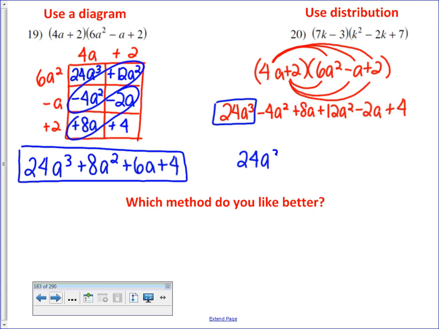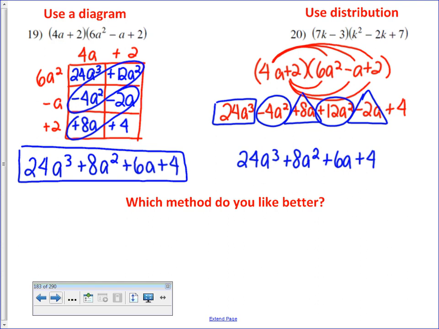I'm going to combine a negative 4a squared with a positive 12a squared, and I'm going to get a positive 8a squared. I am now going to combine a positive 8a with a negative 2a, and I get plus 6a, and then finally my constant plus 4.